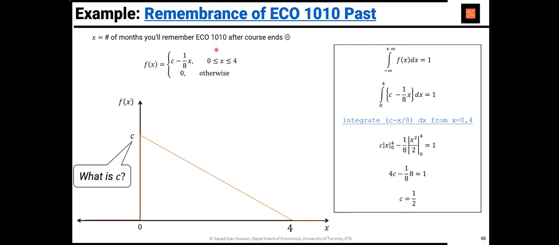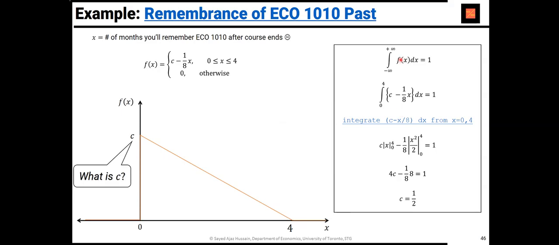You know that this is the equation. This is a pretty standard expression. Remind yourself that the total probabilities must always be equal to 1. What I should really have done was to say the integral from minus infinity to 0 plus the integral from 0 to 4 plus the integral from 4 to infinity.